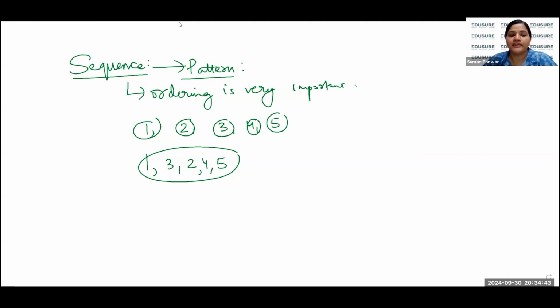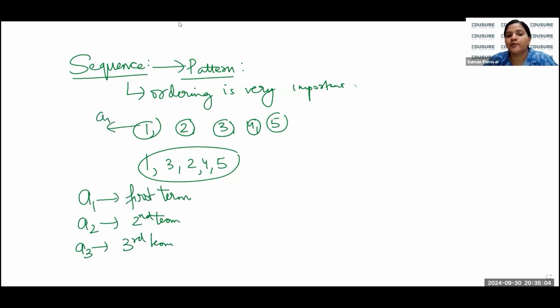So for example, the first term is written as A1. Please understand the terminology now. When I say A2, I mean the second term. When I write A3, it means the third term. So in this case, 1 is A1, 2 is A2, 3 is A3, 4 is A4, 5 is A5.